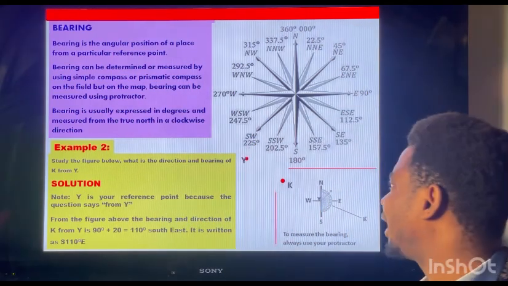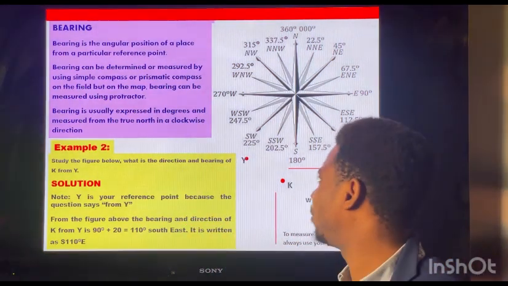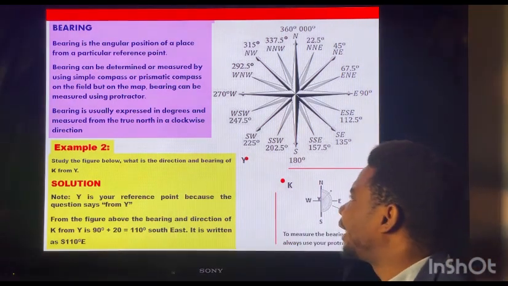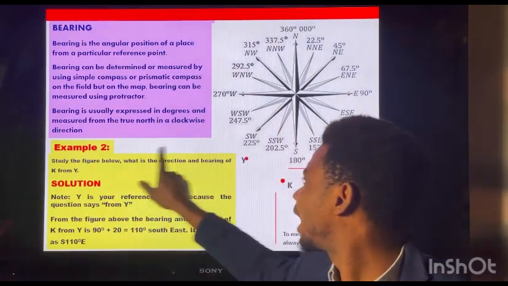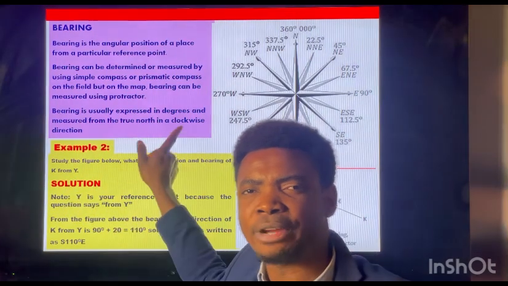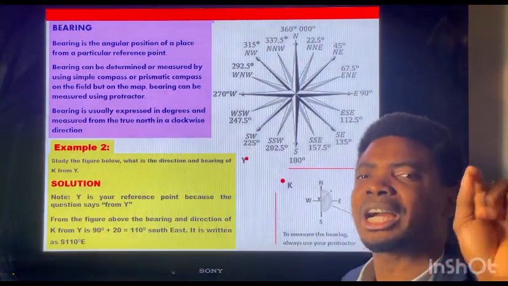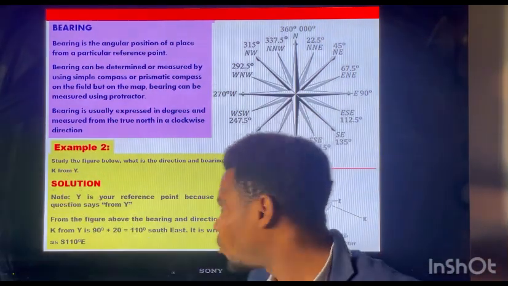Now, having that in mind, let us look at this example. Study the figure below. What is the direction and the bearing of K from Y? When you hear of K from Y, it tells you where you need to put your cardinal point. You put your cardinal point on Y.